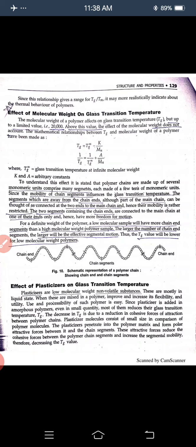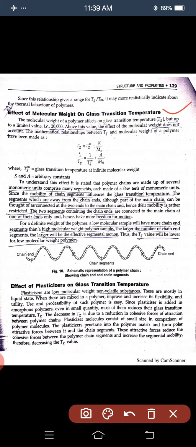Effect of molecular weight on glass transition temperature. This is also important. The molecular weight of a polymer affects the glass transition temperature Tg, but only up to a limited value, that is 20,000.